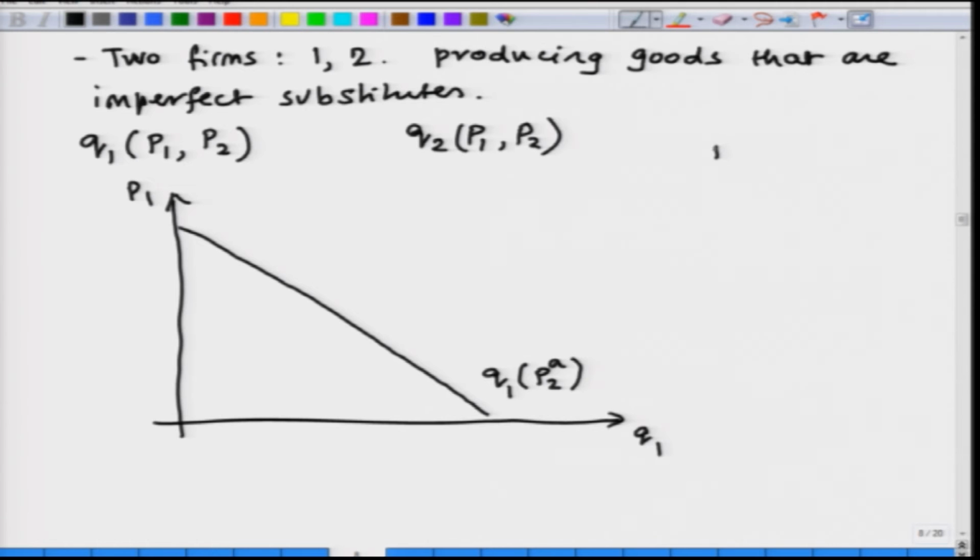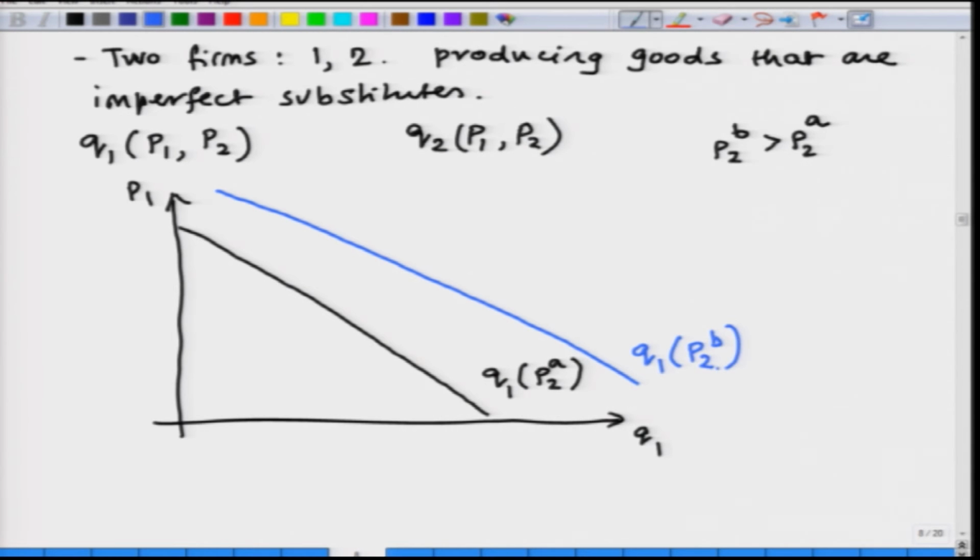Now, suppose firm 2 increases the price of its product to P2B, so P2B is greater than P2A. If the price of firm 2's product is now increased, and the goods are substitutes, then I would have consumers moving towards consuming firm 1's product. So, I would expect the demand for firm 1's product to increase, and let us say the new demand is Q1 at P2B.